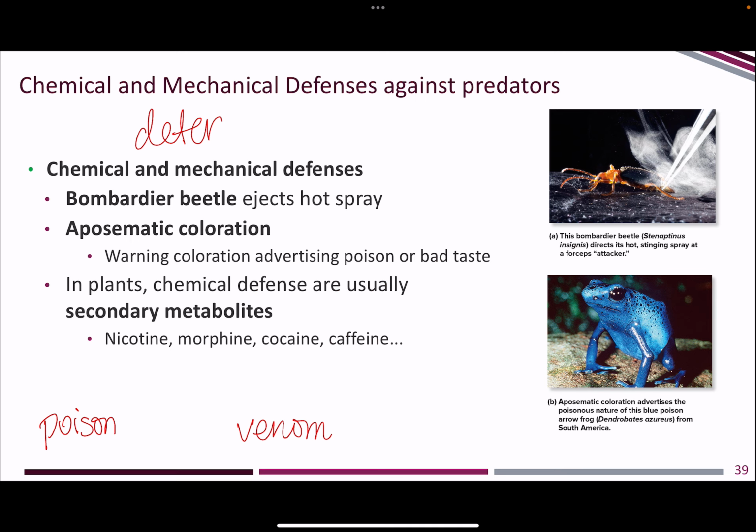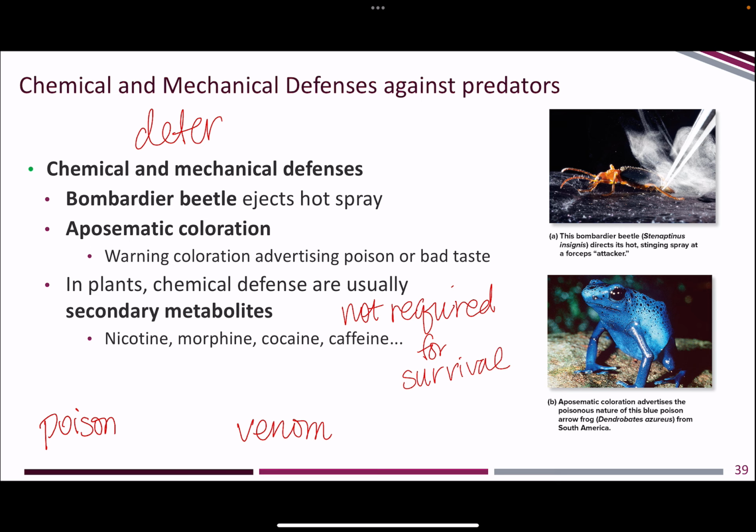In plants, they also use chemical defenses. These are usually something called a secondary metabolite. So a secondary metabolite is a chemical that is not required for survival, but it's something that is going to be helpful.